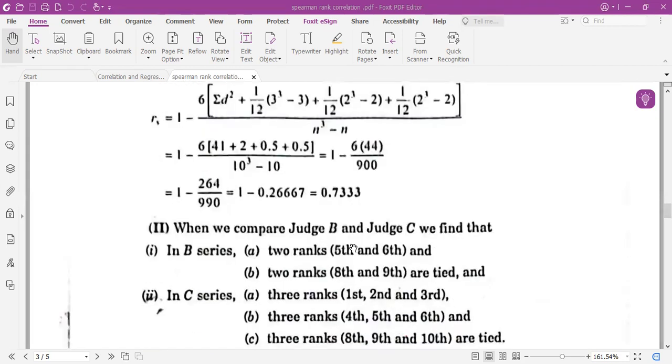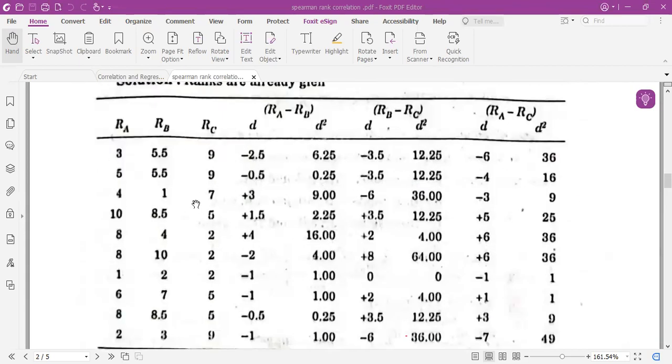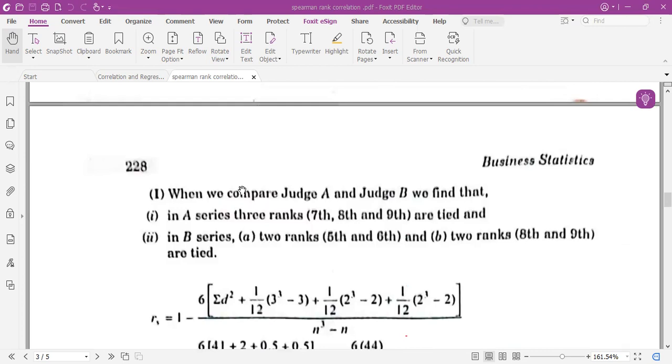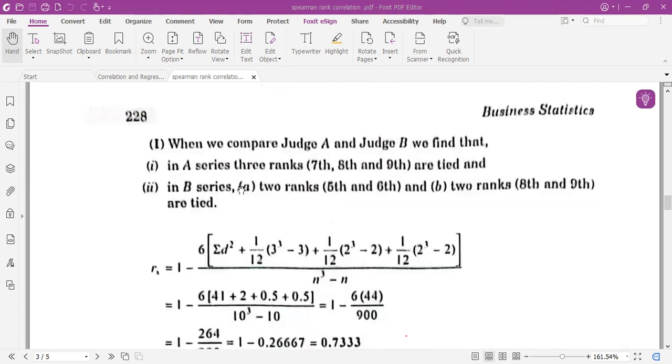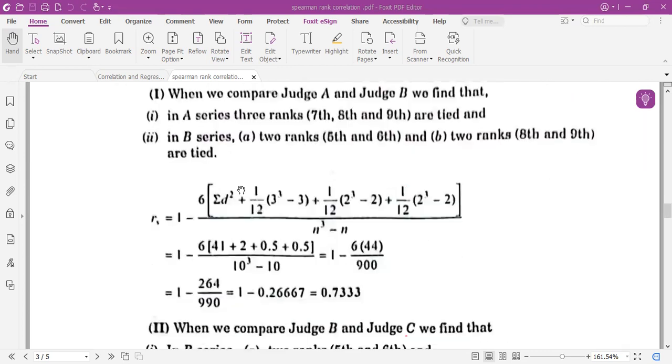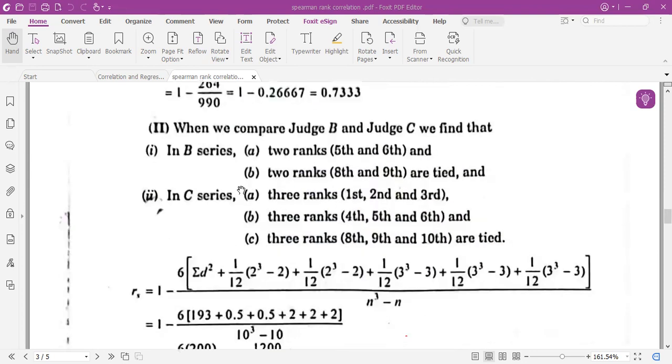Similarly, if you take the B series and C series, B already has the repetitions at 5.5 and 8.5, and in C also we have repetitions. In B, two ranks are repeated, the 5th and 6th rank, and the 8th and 9th rank are tied up. In C, three ranks, the 1st, 2nd, and 3rd, the 4th, 5th, and 6th, and the 8th, 9th, and 10th ranks are tied up.